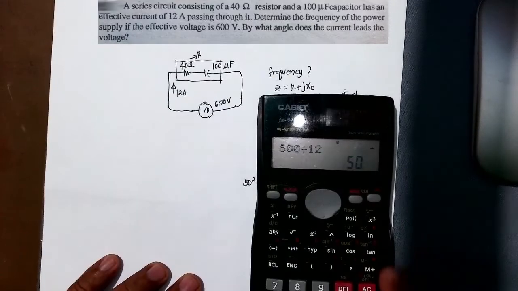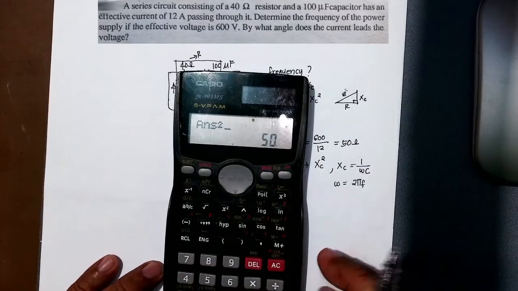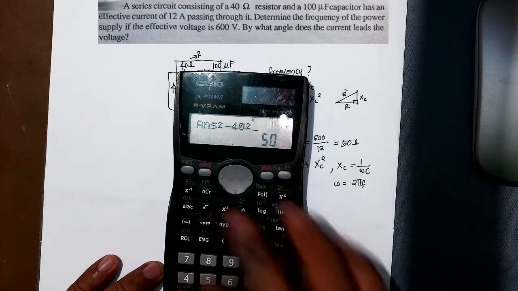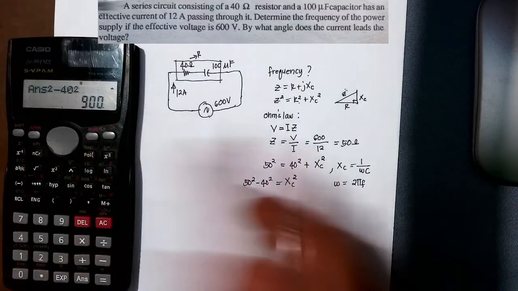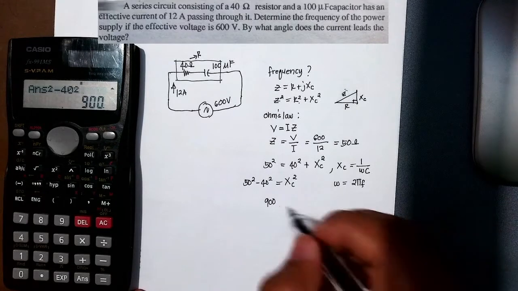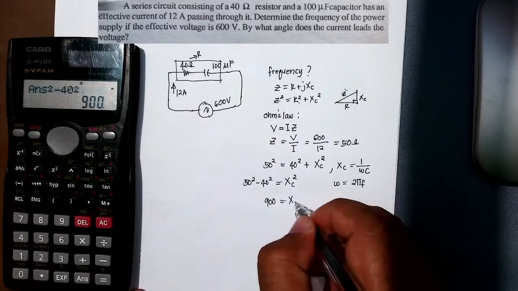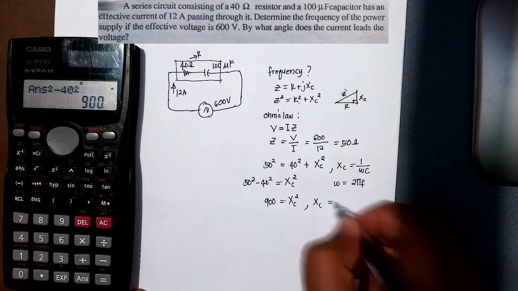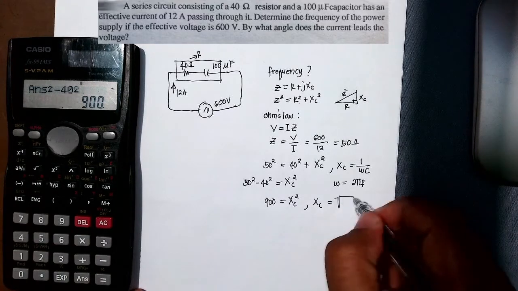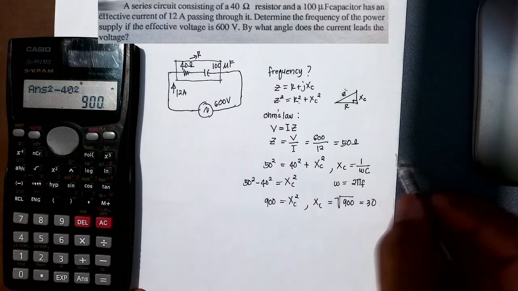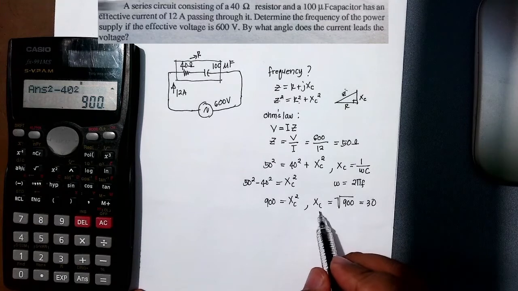So you just have the square of that minus 40 squared, and it will give us 900. So 900 equals X sub C squared. Therefore, your X sub C is the square root of 900, and the square root of 900 is 30. So we get now X sub C.